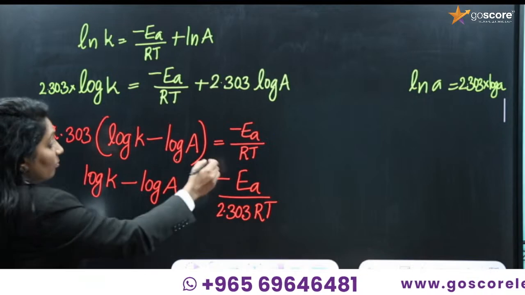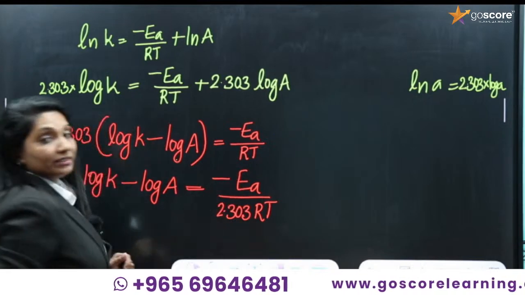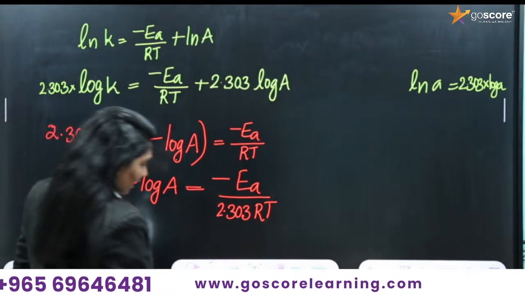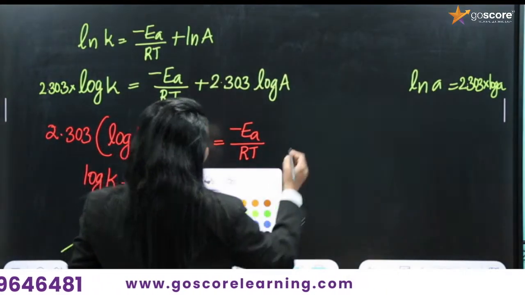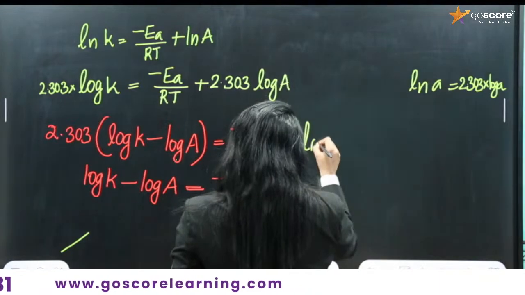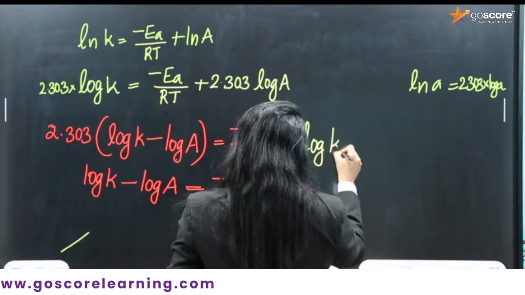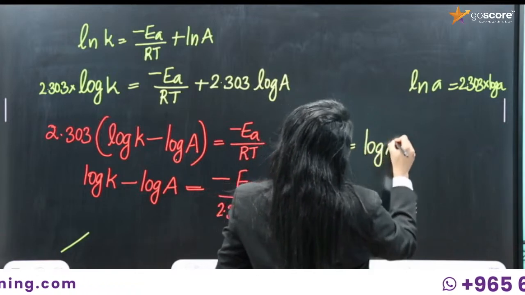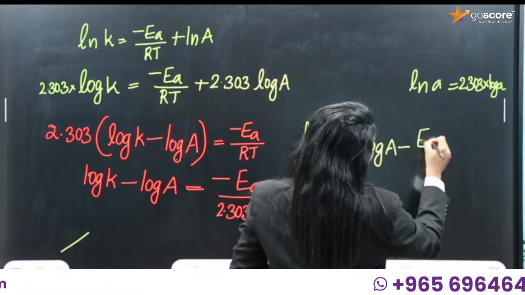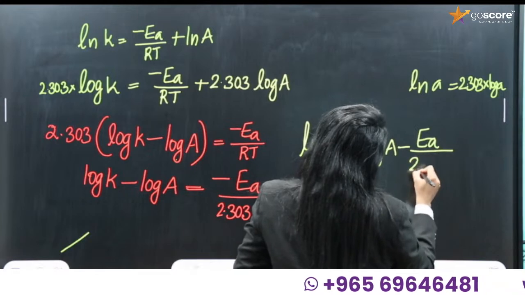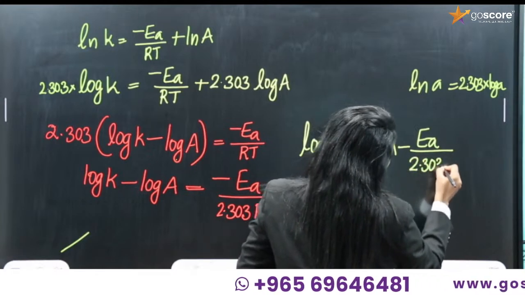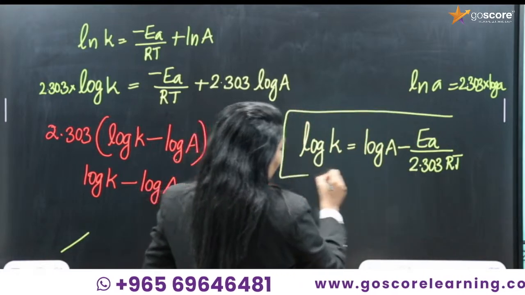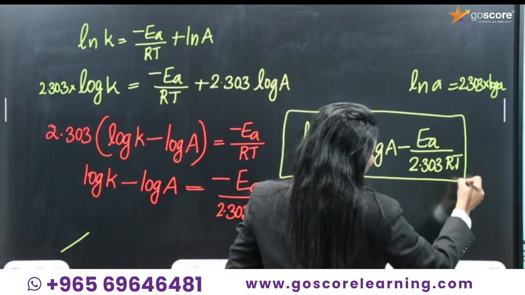Then it will be minus EA by 2.303 RT. So if I rewrite this equation, what will it be? Log K is equal to log A minus EA by 2.303 RT. This is a very important equation.